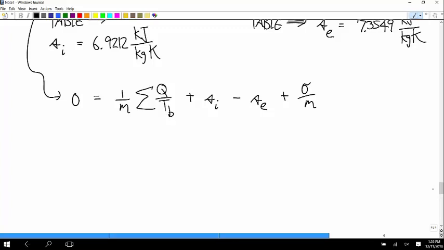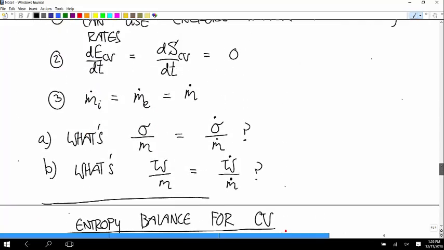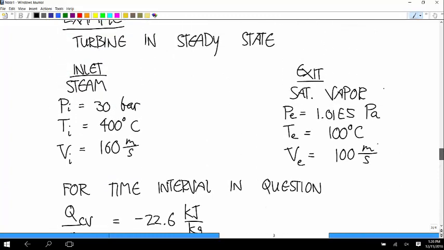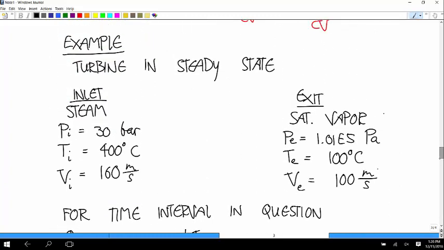We are given an amount of heat loss. There was one bit of information I didn't give you, let's go back and pretend I did. The surface temperature. So the surface temperature of the turbine is 350 Kelvin.